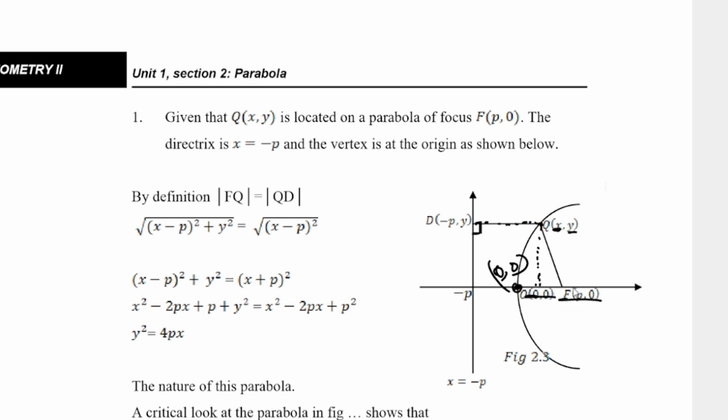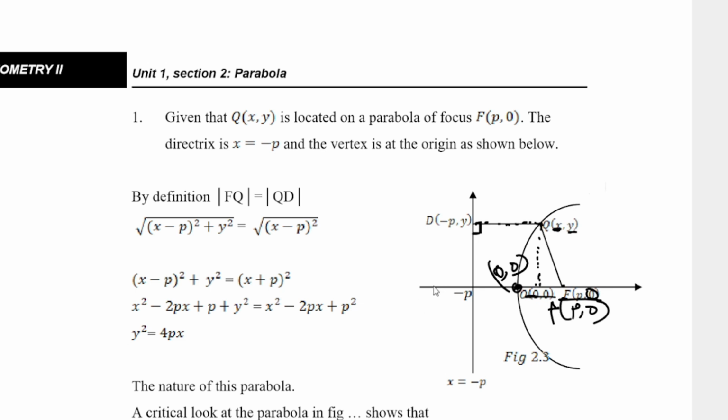And for the focus, because we have not numbered our axis, we are representing the x coordinate of the focus by the letter P. And if the focus is on the x-axis, it means that the y coordinate is 0. There is no value for the y coordinate because the focus is on the x-axis. That's why you have P, 0 here for the focus.